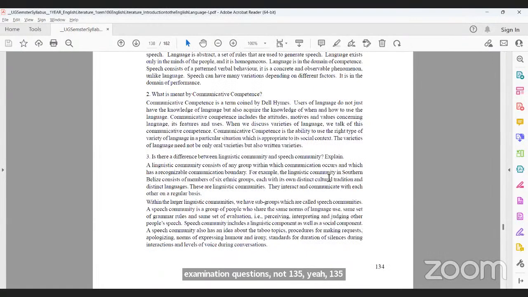Difference between language and speech. If a question comes in your exam, what is the difference between language and speech? How will you differentiate it? Speech is always a form of a language, but a language is complete within itself, as I mentioned, right?